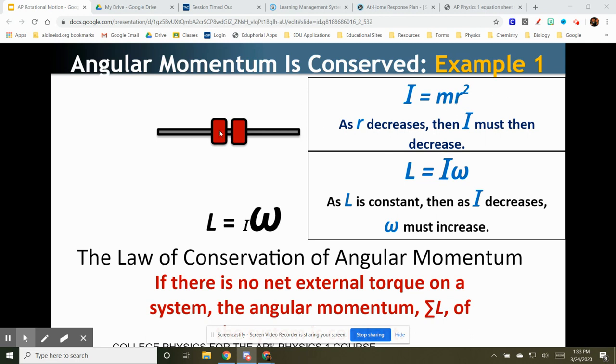As they change that radius to be smaller, this is final, that's showing right now. Since the radius of the masses are smaller, then the moment of inertia decreased. So because the moment of inertia decreased, the angular velocity must increase because L has to be the same number.